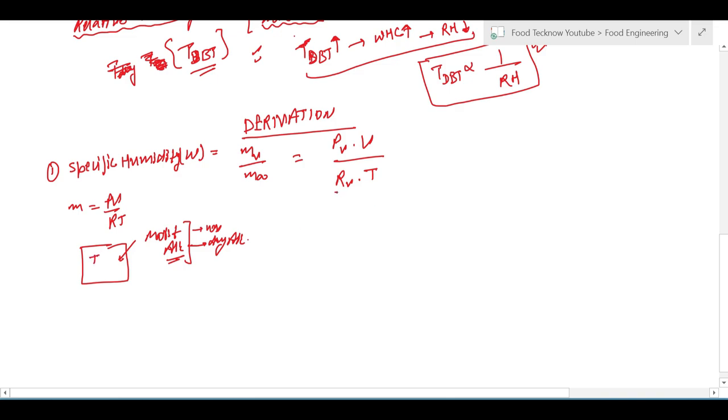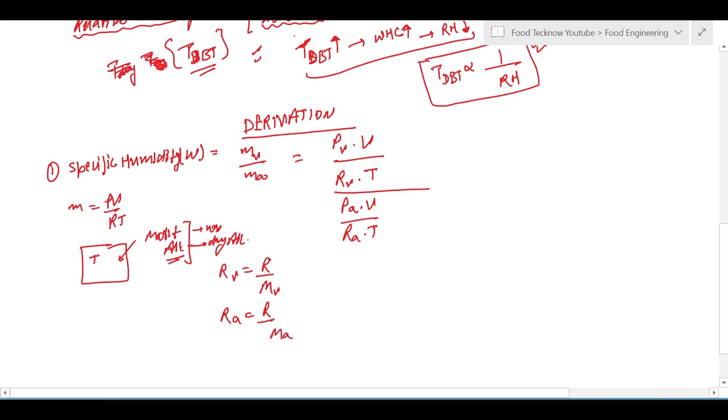Okay, and in the denominator we can write it as pa into V divided by Ra into T. And we also know another formula, that is Rv equal to R divided by the molecular weight of the water vapor, and Ra is equal to R divided by the molecular weight of the dry air.